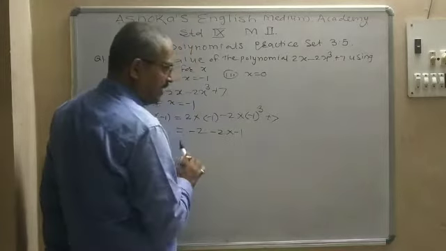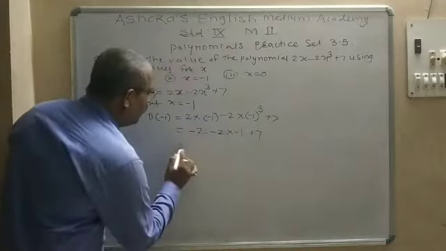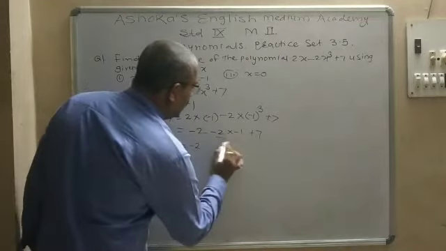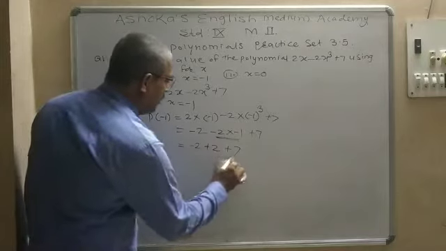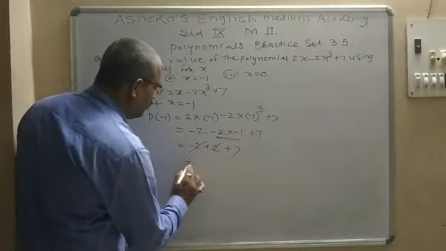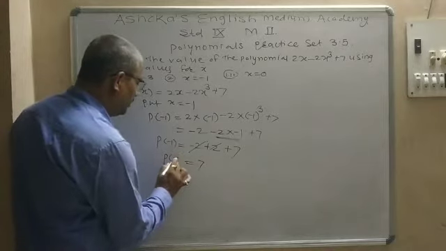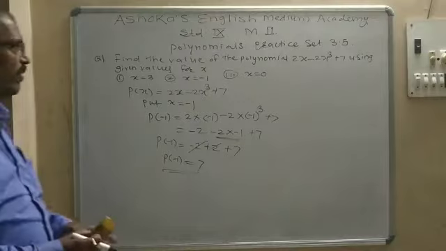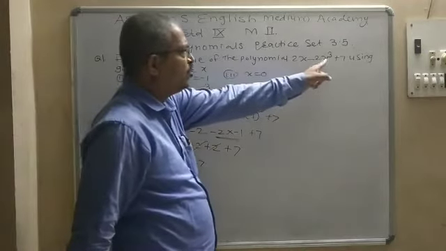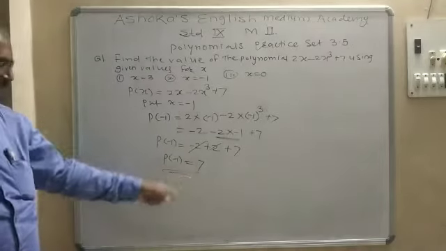So you will get minus 1 and plus 7. Therefore minus 2. Now minus 2 into minus 1 means positive 2 plus 7. Negative and positive cancel. Now p(minus 1) is equal to 7 is the answer. It means the value of 2x minus 2x cube plus 7 for x is equal to minus 1 is 7.